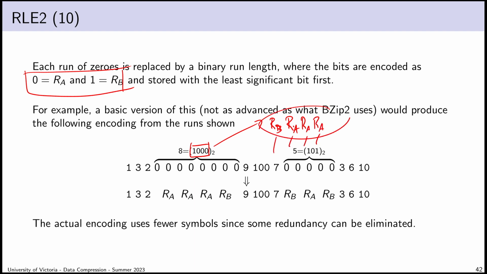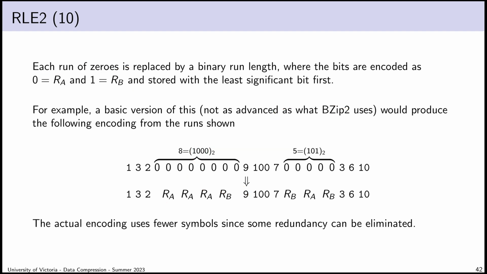And then I take that encoding, that surrogate for a 4-bit number, and I encode it into my bit stream. I just dump it in where the run of zeros was, least significant bit first. So 0, 0, 0, 1. So now it's a sequence of RAs and RBs. And then I do the same thing with my run of length 5. So this becomes, least significant bit first, RB, RA, RB.